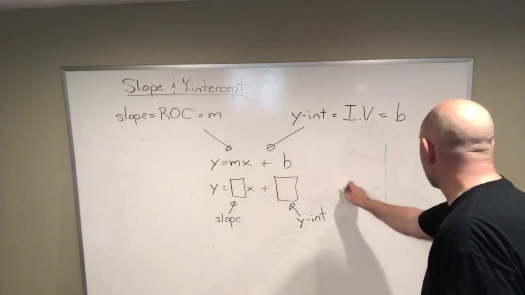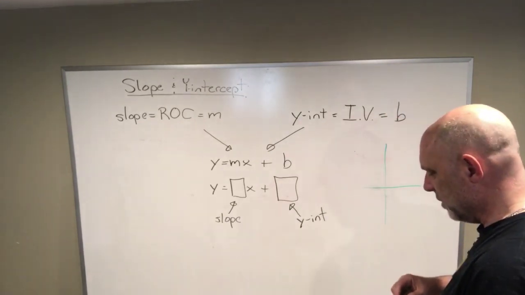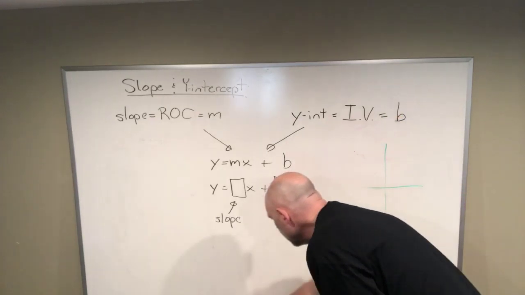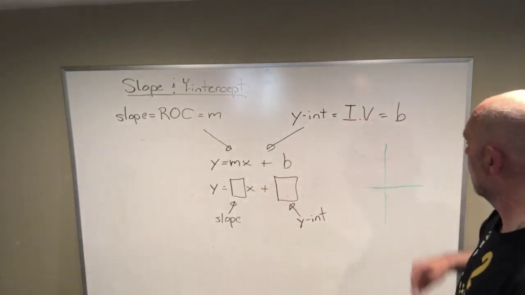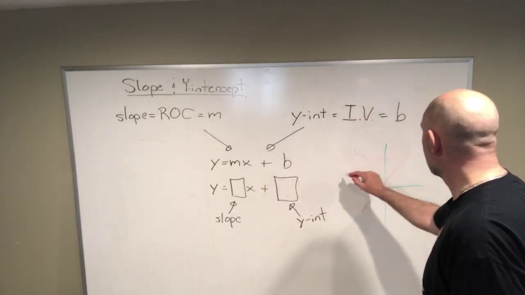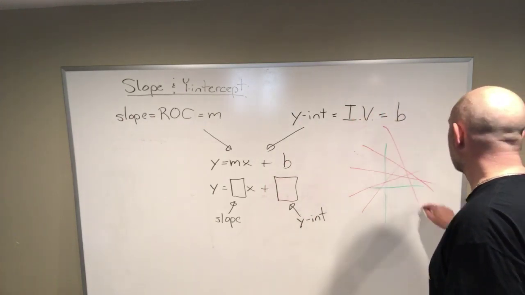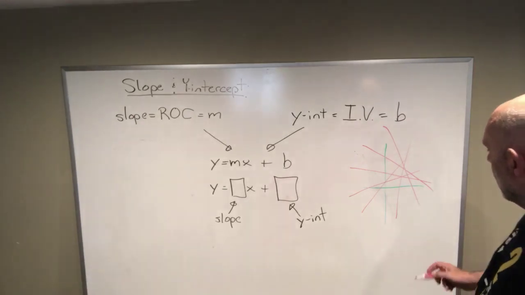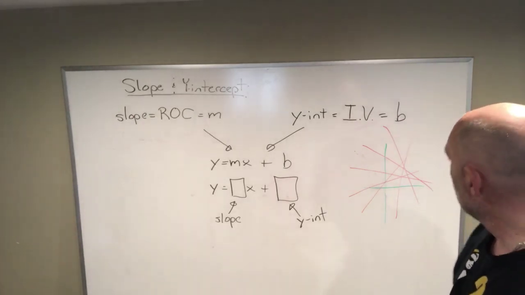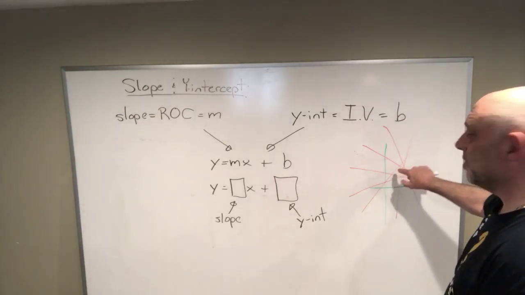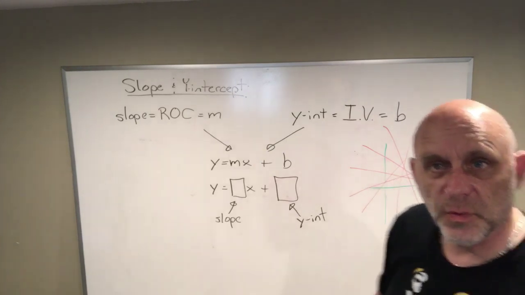Because every line, if you picture a graph, any line that goes through this graph, these are all lines. Now, the rate of change is represented by how steep the line is and which way it leans.